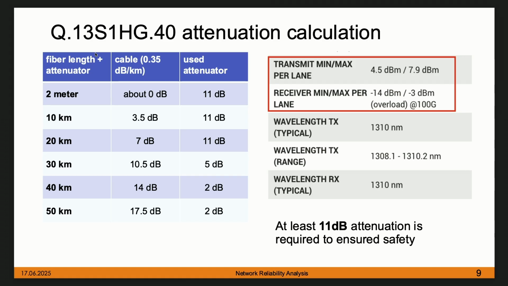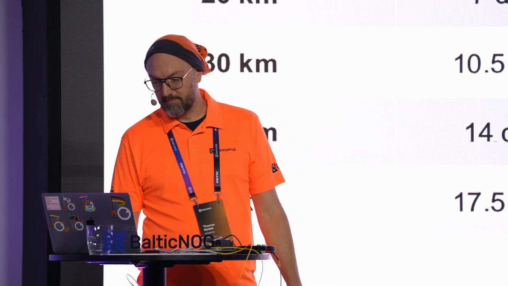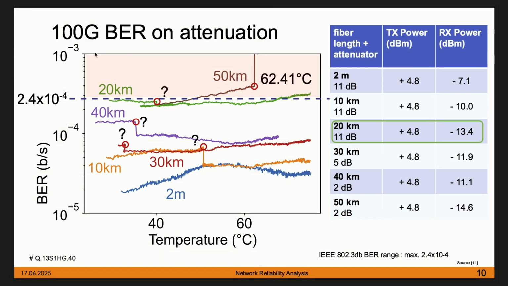And for sure, on the shorter fiber spans, like the back-to-back one with 2 meters, we also had to add attenuation to protect the receiver, because otherwise, when you look at the minimum or even the maximum transmit power per lane, it would overload the receiver, because this is rated up to minus 3 dBm, so we had to add some attenuators there. Okay, and then we ran the bit generator out of the DSP, checked for the patterns, and measured the bit error rate in general.